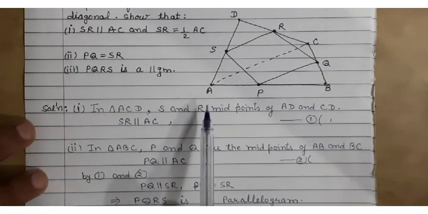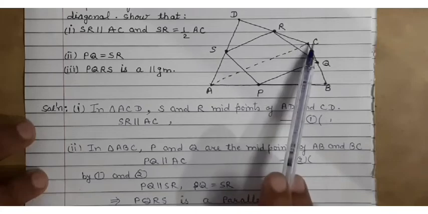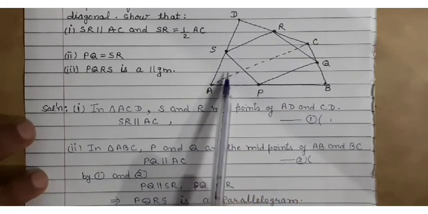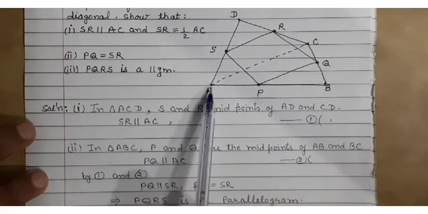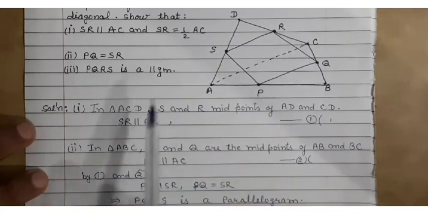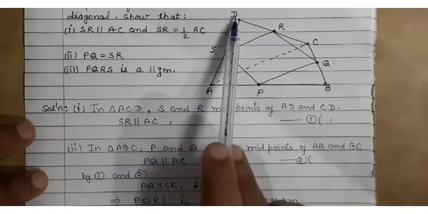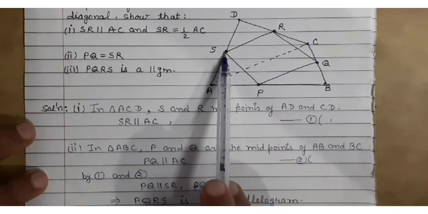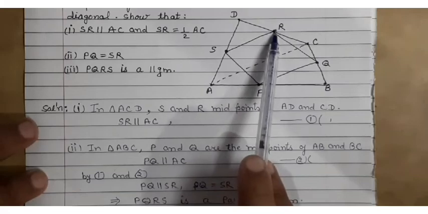I am taking two triangles because due to this diagonal, the quadrilateral is divided into two parts. One part is ACD, the second part is ABC. I am taking the first triangle, ACD. In ACD, S and R are the midpoints.